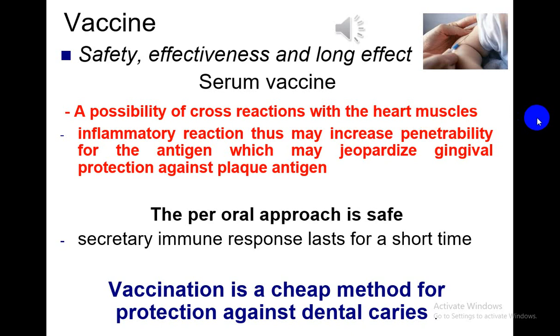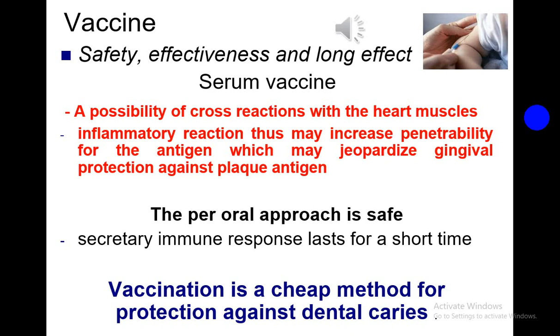Although vaccination is considered to be a cheap method for protection against dental caries, there are still questions regarding its safety and effectiveness for a long period of time. The stimulation of serum immunoglobulins is considered to be effective and lasts for a long period of time.